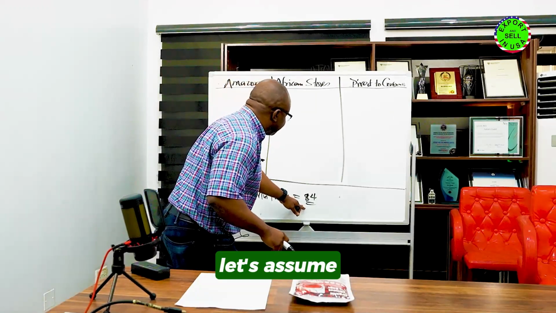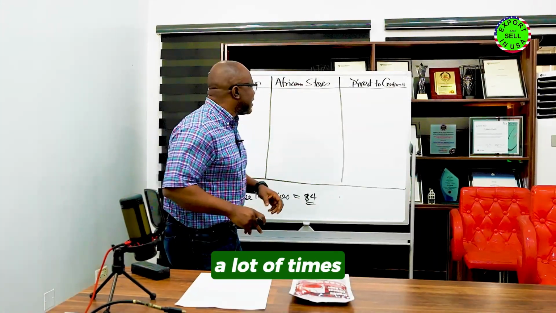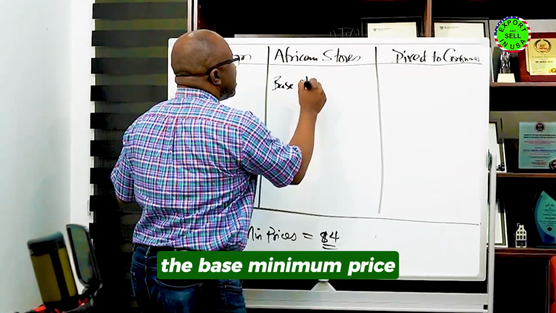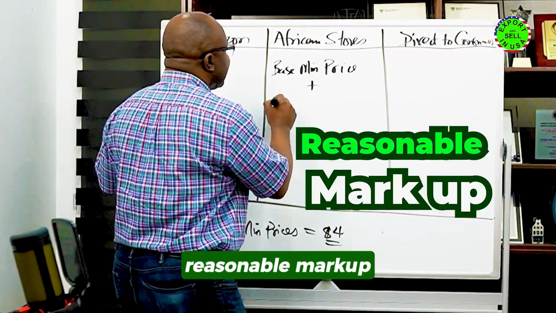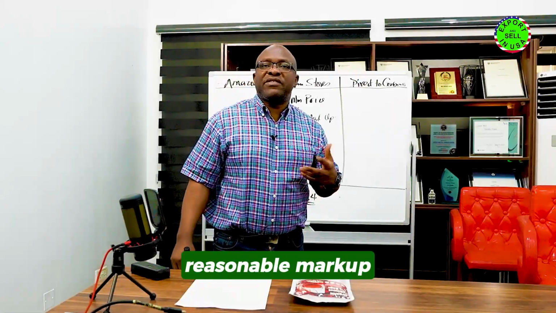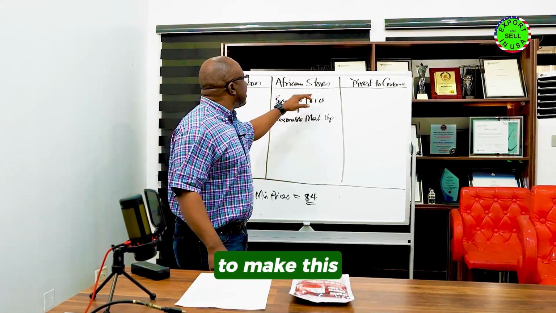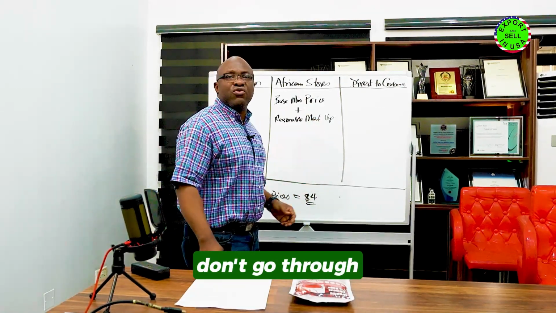Let's assume this is your base minimum price. I will advise a lot of times you sell in African stores the base minimum price plus what I will call a reasonable markup. What is that reasonable markup? Is what I will say is enough markup to make the owner of the African store to not want to go and do it locally, so that they don't go through all the stress.